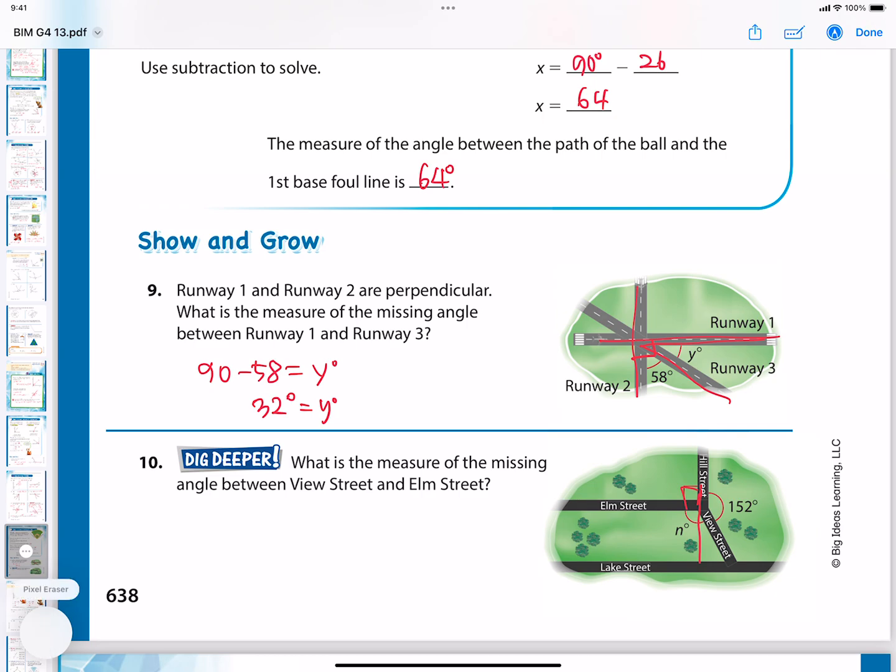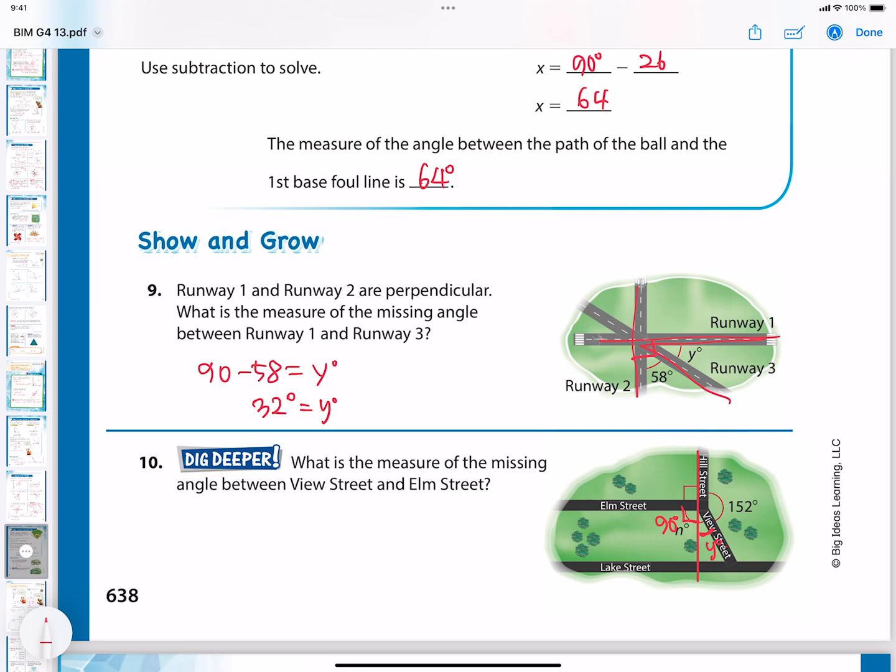When you draw one more line, Hill Street, a straight line, this must be 90 degrees. And the other side is y. Let's put y.